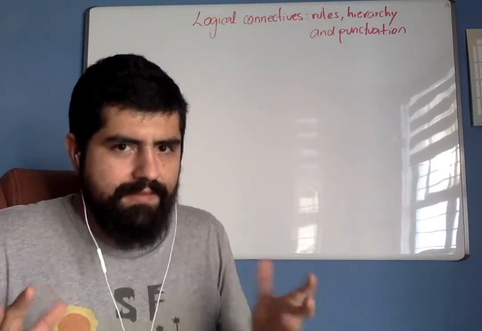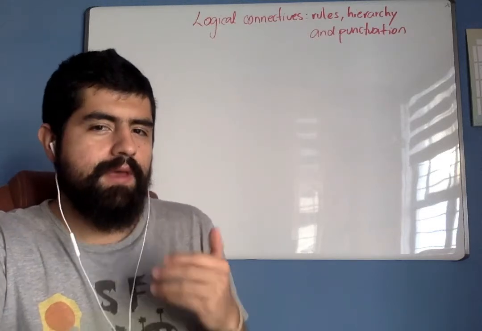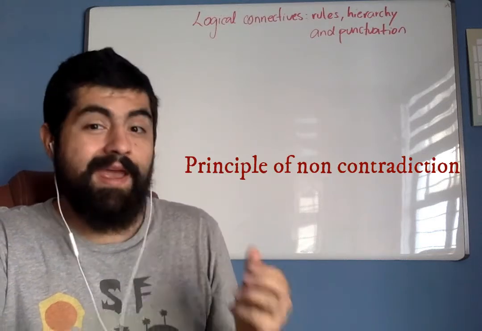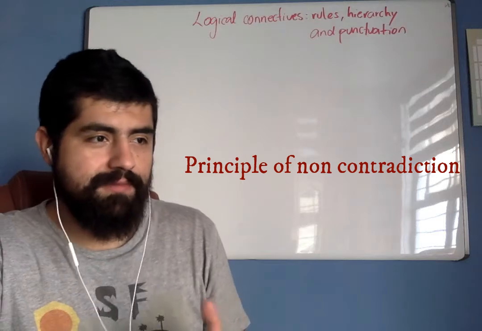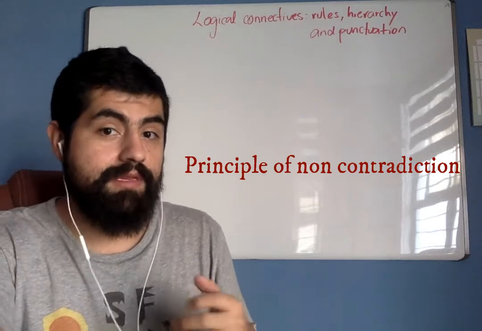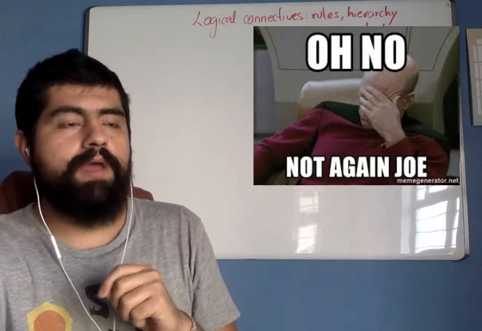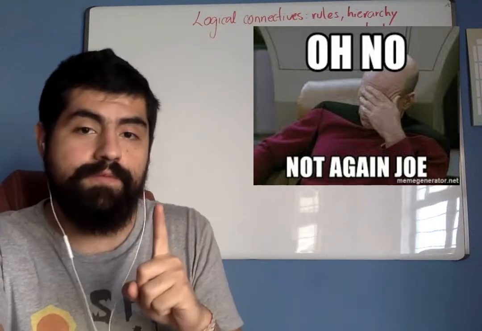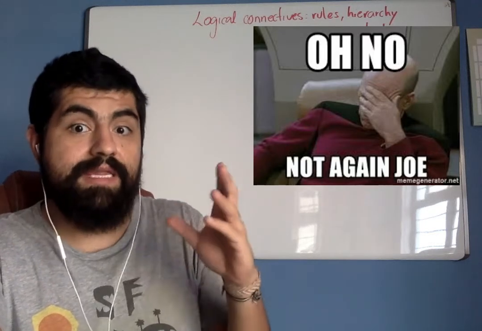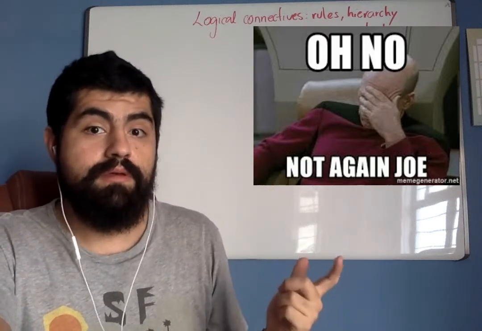Before we can start that, one more thing, okay? Remember, this is really important. Remember that we also studied in the last semester the principle of non-contradiction, okay? The principle of non-contradiction says something like a statement cannot be both true and false at the same time and under the same circumstances, okay? So if I say, for example, that all men are good, and I say that that is true, and at the same time I say now that all men are good is false, it's like, what?